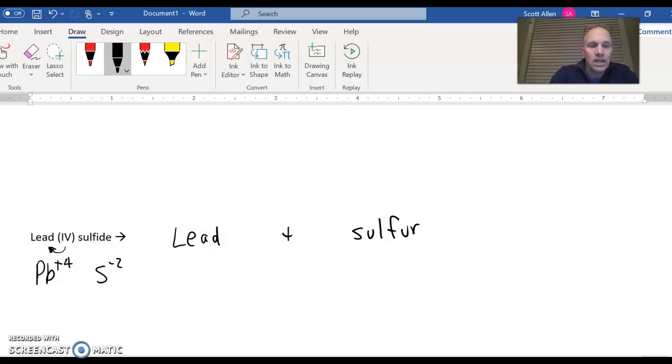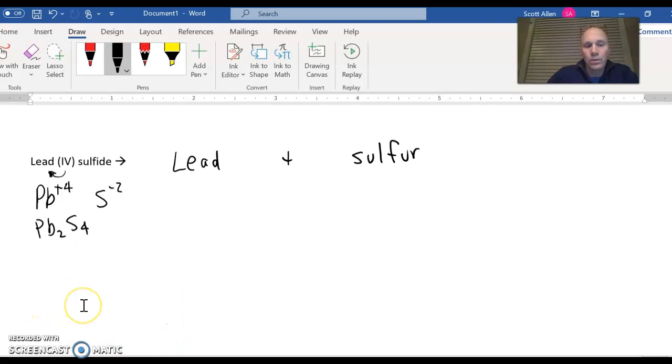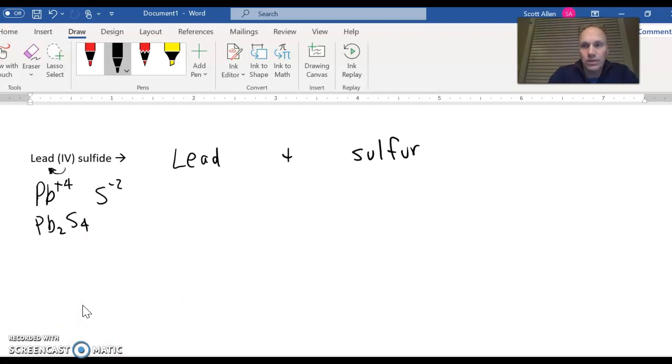Sulfide is going to have a -2 charge. Crisscross those, we get Pb2S4. And remember, after we do the crisscross, we want to make sure that we simplify it to its simplest ratio. So it will be PbS2.